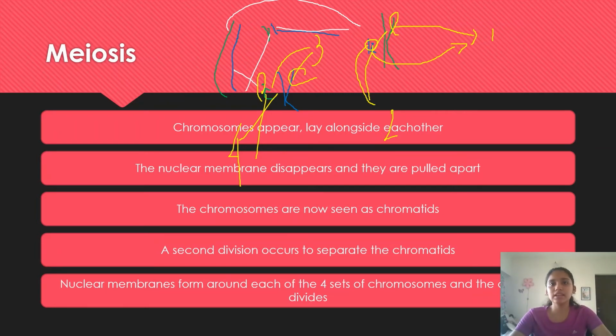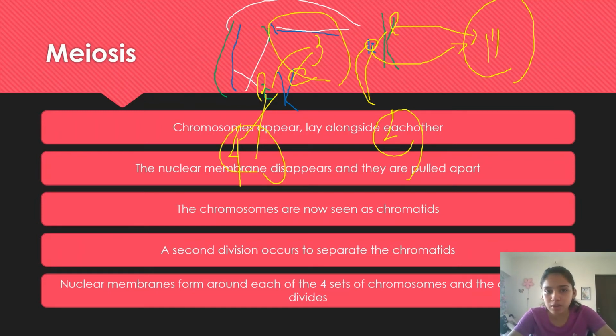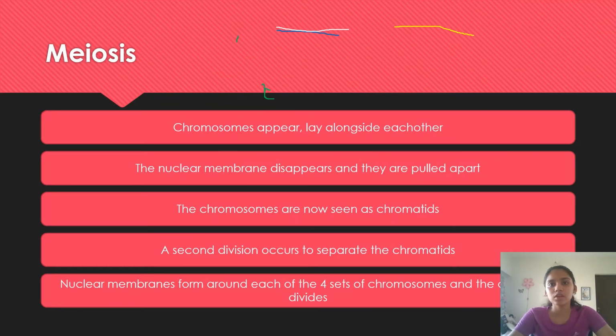So basically crossing over happens, then the chromosomes are pulled apart. And then a boundary forms around each set of chromosomes, one here, one here, one here, and one here. That's called the nuclear membrane. And the cytoplasm pinches off, so it separates the cells and 4 separate daughter cells are produced.